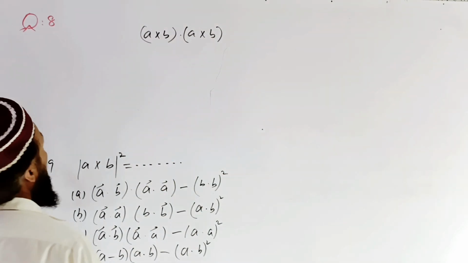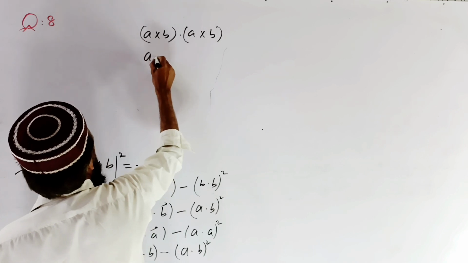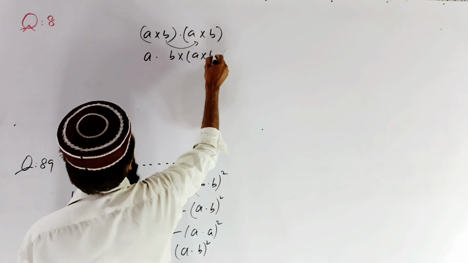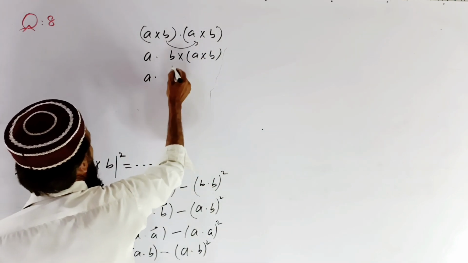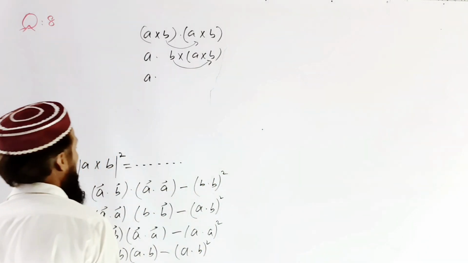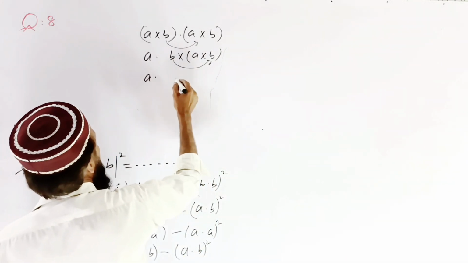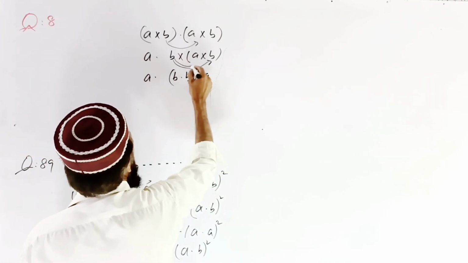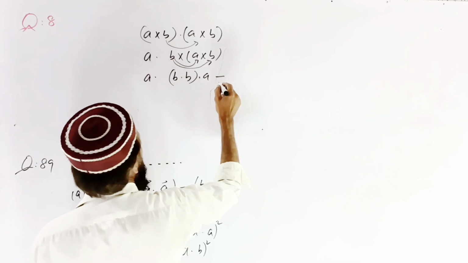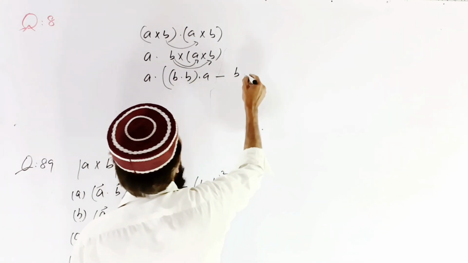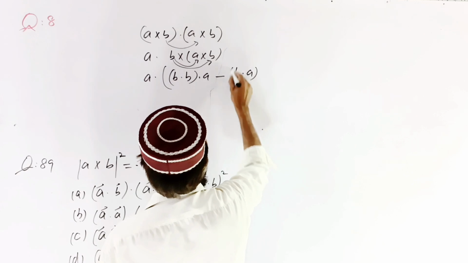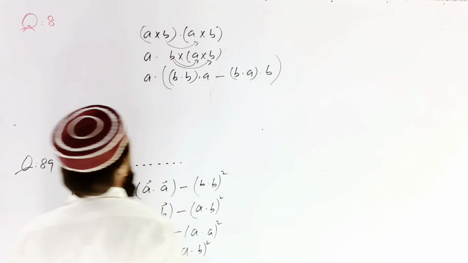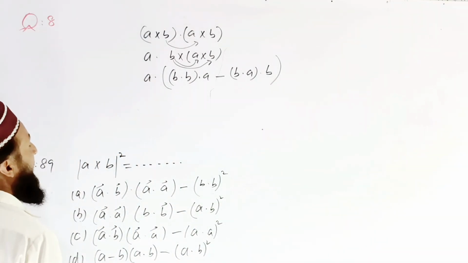If we write this result, first we can write expanding A dot B cross A cross B. So A dot, if we expand this one, first we can write B dot B dot A. Similarly, B dot A minus B dot B dot A dot B. According to these rules, we are expanding.